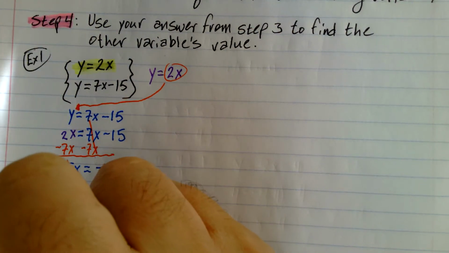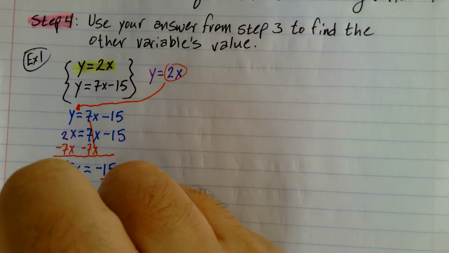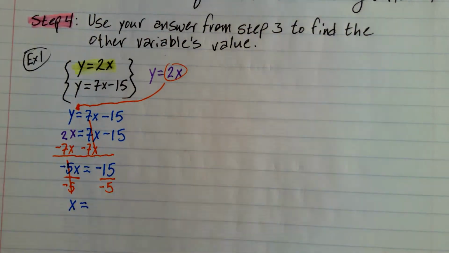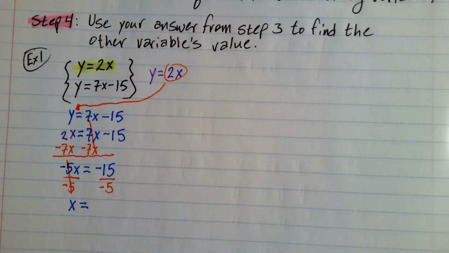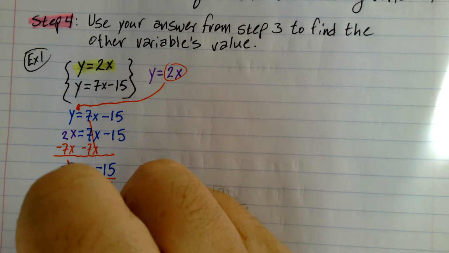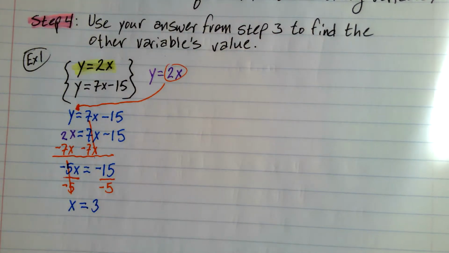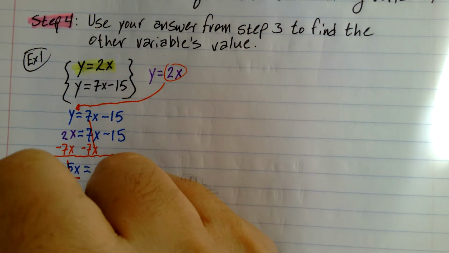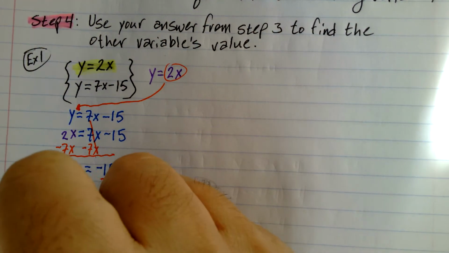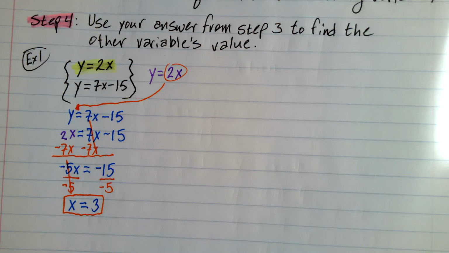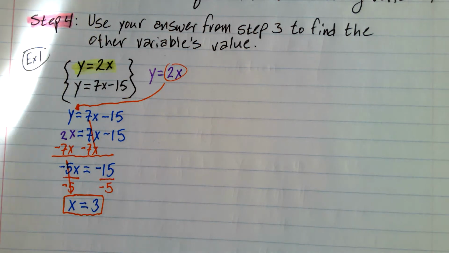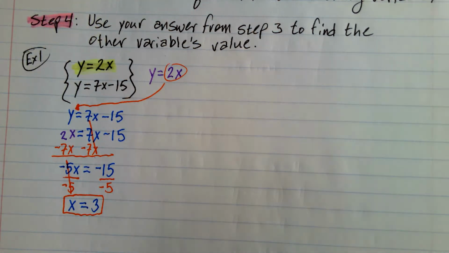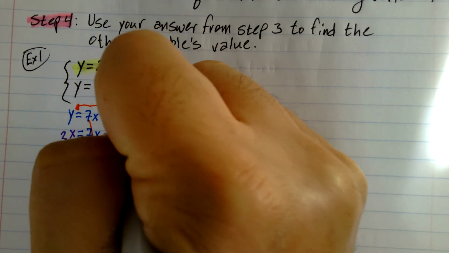I divided by negative 5, bring down x. Negative 15 divided by negative 5 is positive 3. So I now have an answer for x. Whatever the solution is, the x part of that solution is positive 3.